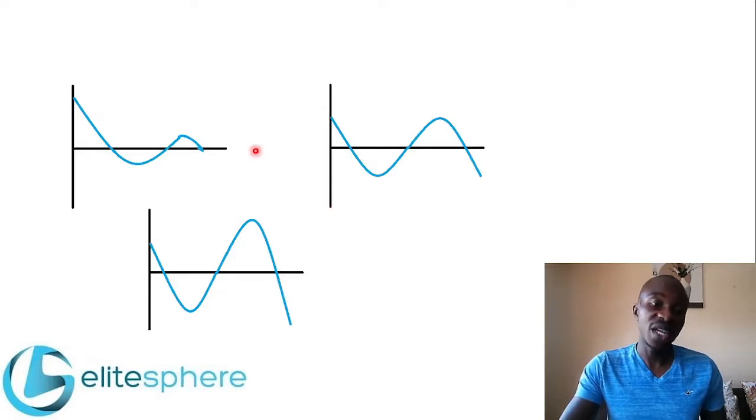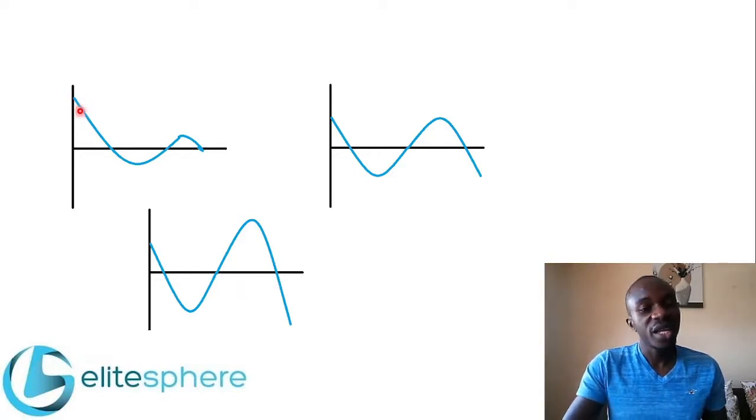So again, we have three diagrams. Let's say this is the disturbance. When an aircraft is flying in a particular position and then it is disturbed from that position, maybe by gusts, it goes, as this diagram illustrates, and it damps out the oscillation and returns to the original flight position.